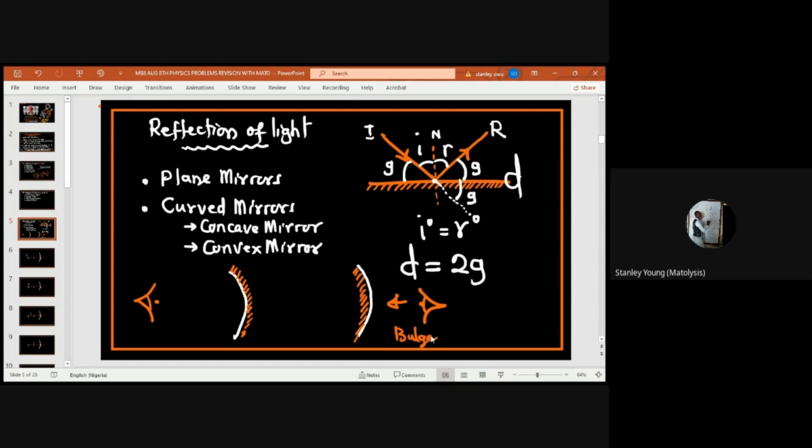We say that is a convex mirror. A convex mirror always appears like a swollen surface. A concave mirror always appears like a hollow surface. So take note of that. Swollen is convex. Hollow is concave. This goes beyond mirrors. It extends to lenses.